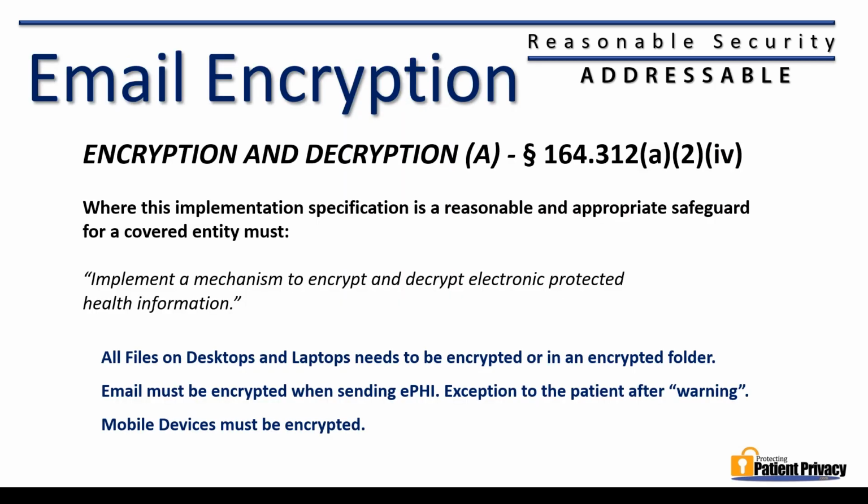Anywhere and everywhere we can use encryption, we should. Encryption is a safe harbor for HIPAA. We'll talk a little bit more about how you can employ encryption to better protect yourself and your clients.